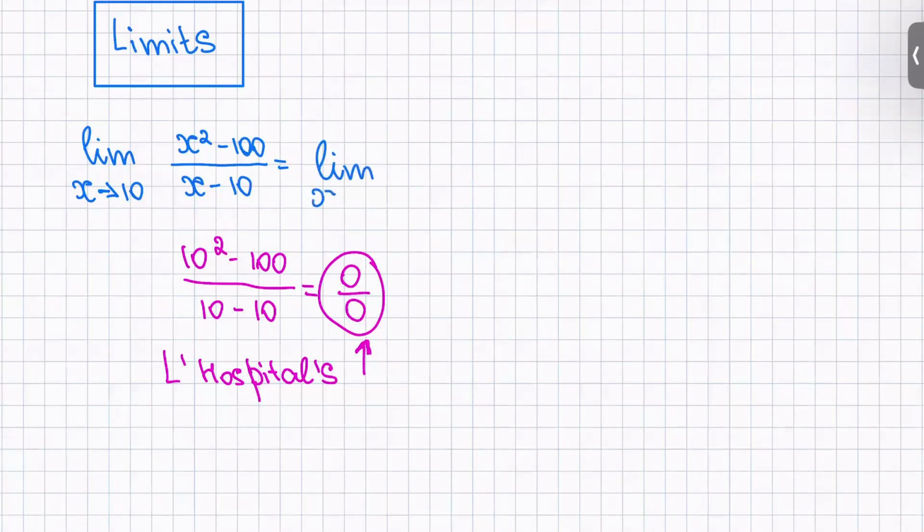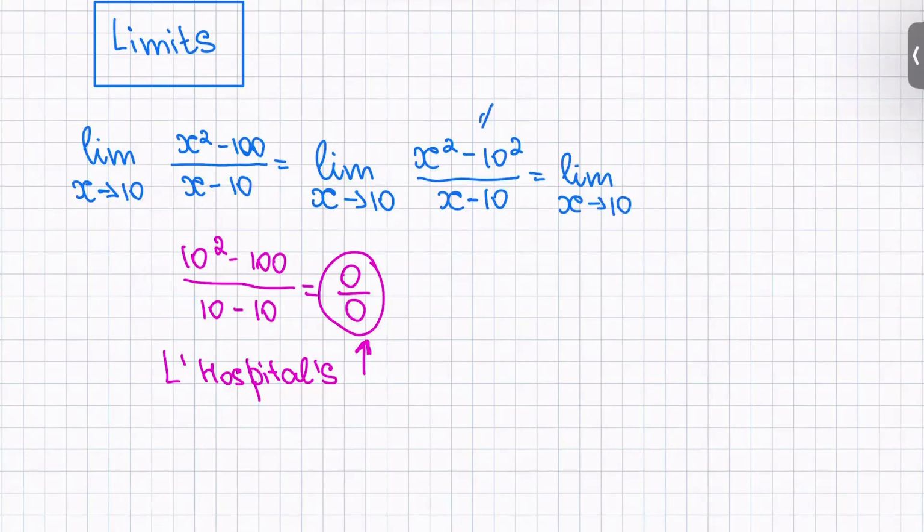We take the limit as x is approaching 10, so that always stays. And here we can apply some algebra. We have 100, which can be written as 10 squared, over x minus 10. In algebra, we have the following formula: this is the difference of two squares.